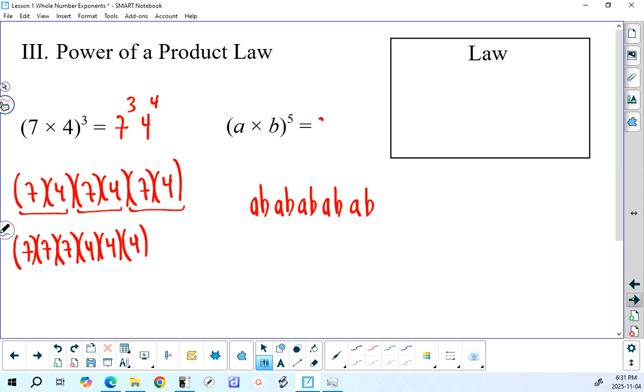And you would discover you have A to the 5 in there and B to the 5. So this is typically how we would write this law. We would say when you have x times y raised to an exponent, that exponent gets applied to both x and y.